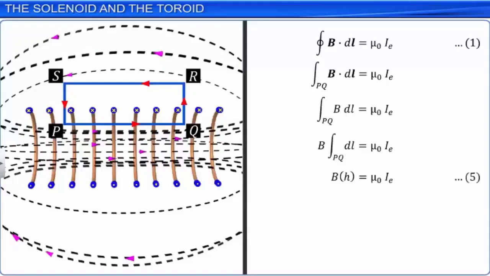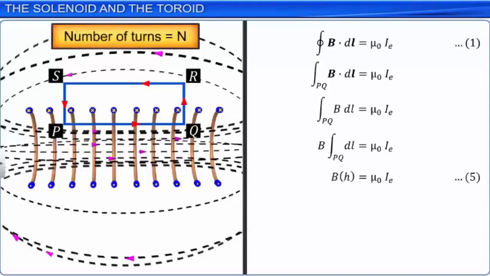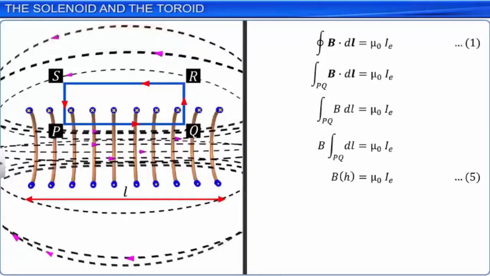Let N be the total number of turns on the solenoid, and L be the length of the solenoid. Then, the number of turns per unit length n is equal to N by L. The number of turns included in the Amperian loop of length h is equal to number of turns per unit length into length of the Amperian loop. That is, NAL is equal to n into h.